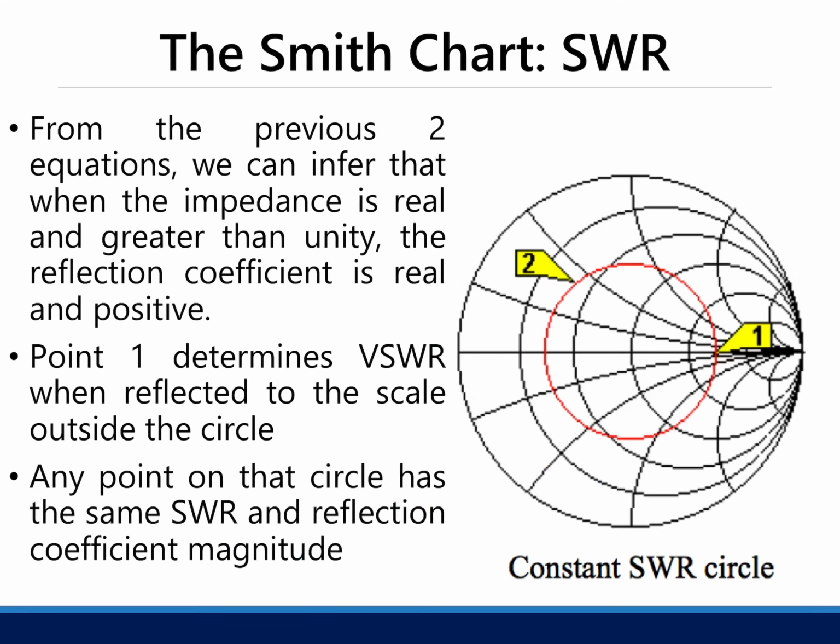What that means is, if we take the magnitude of gamma, we're just concerned with the distance of your reflection coefficient from the origin. And getting that distance from the origin would mean you get the SWR.